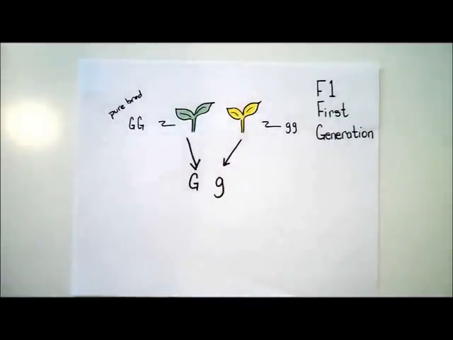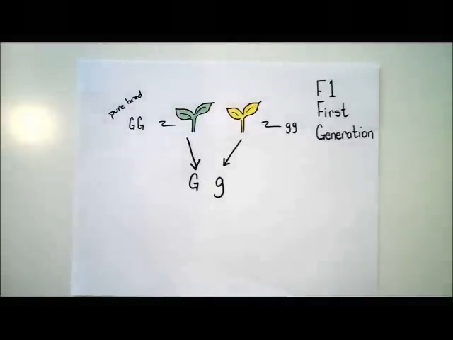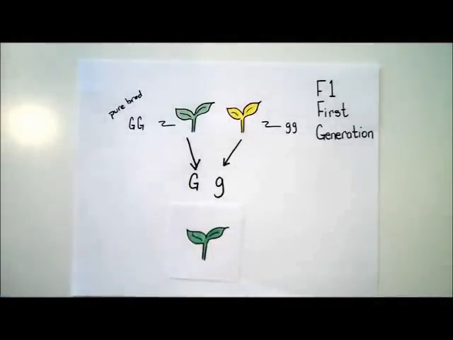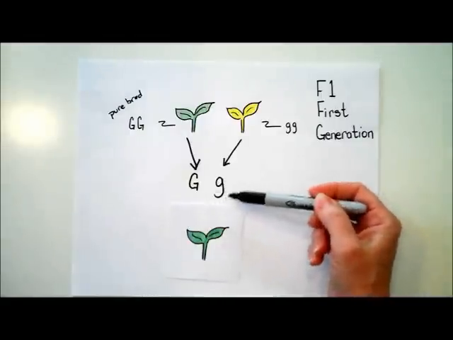Can you predict what color the offspring will be? If you said green, you're right. The offspring have a dominant allele for green pigment that overwhelms or covers up the recessive allele, so the plant can make green pigment. The recessive allele is still there, but it's like it's not activated.